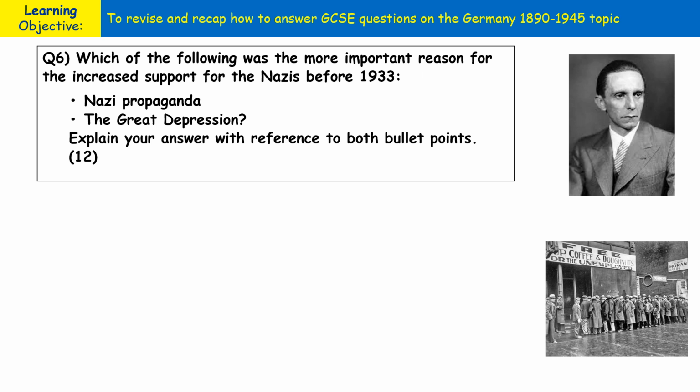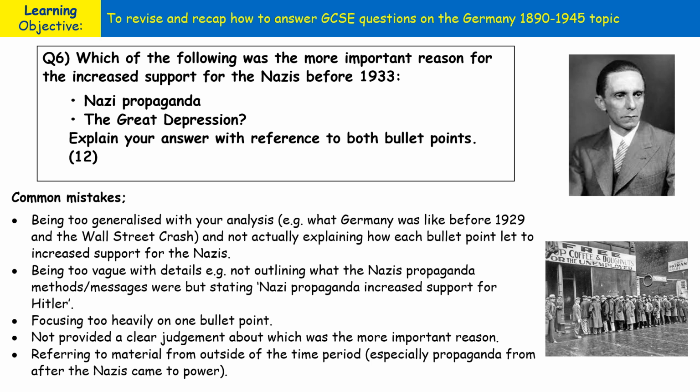Now, students at my school completed this question, and some of the common mistakes that were committed by students when answering this type of question were as follows. Some students were too generalized with their analysis, so they didn't develop in much detail exactly how each bullet point led to the Nazis gaining more support.